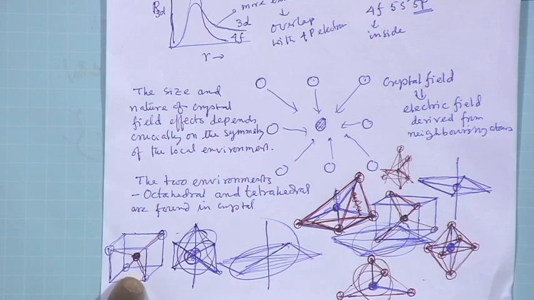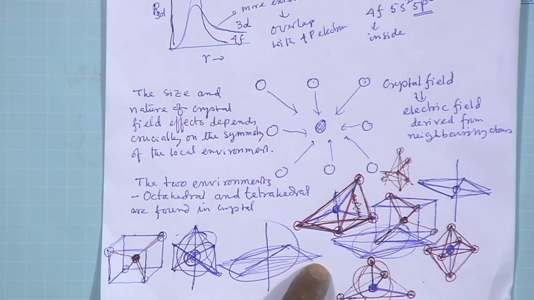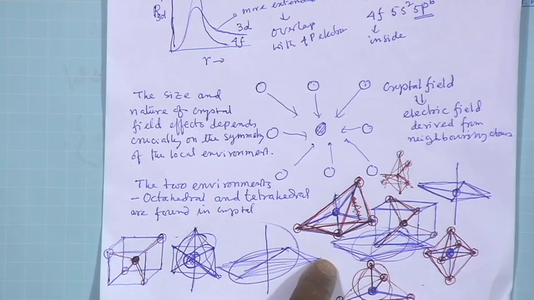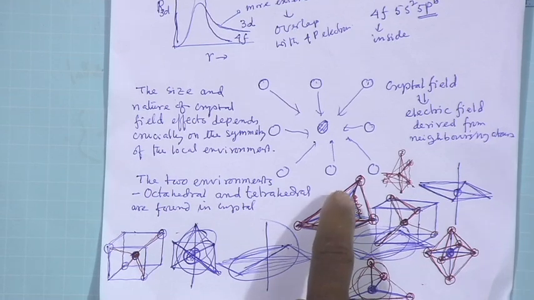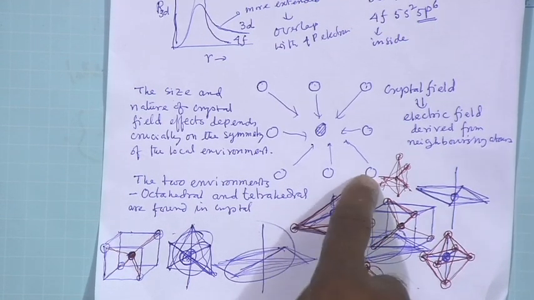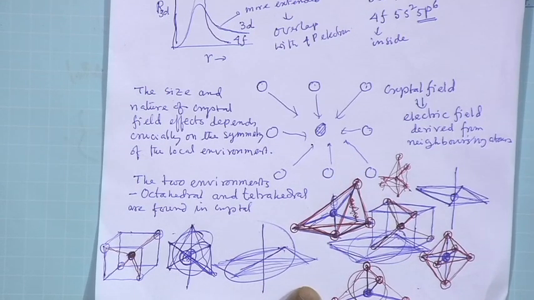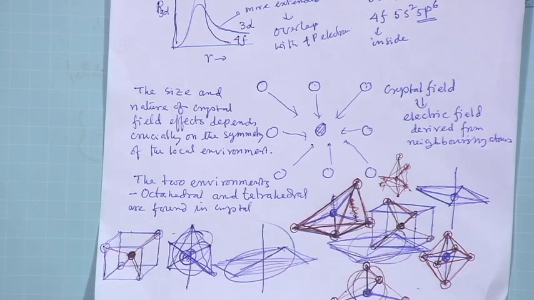This is the octahedral. If I draw the tetrahedral, this one is in the middle and these three are, say, oxygen. In this case it will have 4 facets. Tetra means 4, octa means 8. That is why it is called tetrahedral.